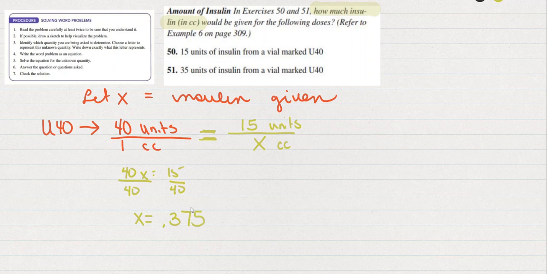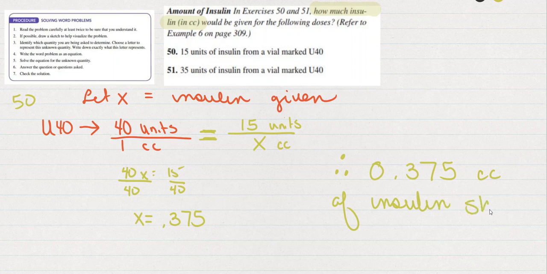And so we would say for number 50, therefore, 0.375 cc of, in this case, insulin should be given. And that's it.